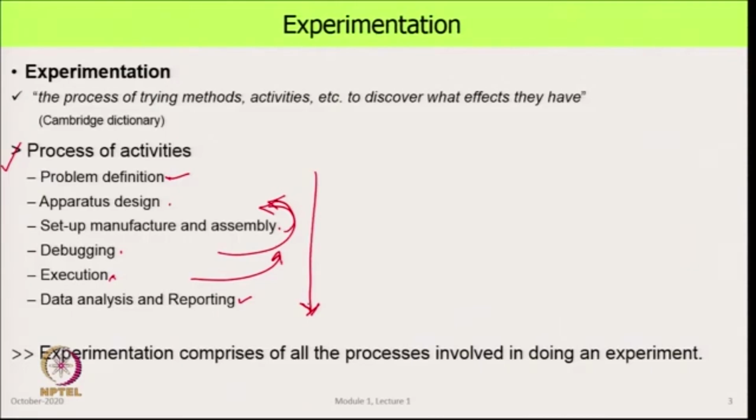So, this is in general in this direction, but within steps there is iteration. And all of this is what we call experimentation. We will come back to it in much more detail in week 3. Now, we will just give some examples also to illustrate how these abstract ideas actually get translated into a real thing.